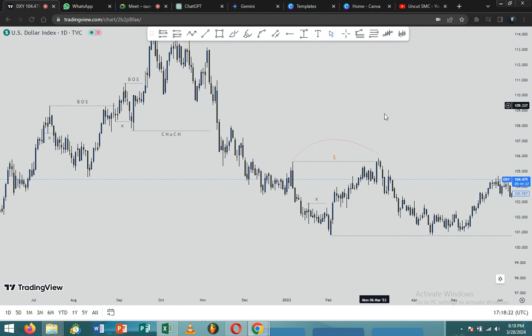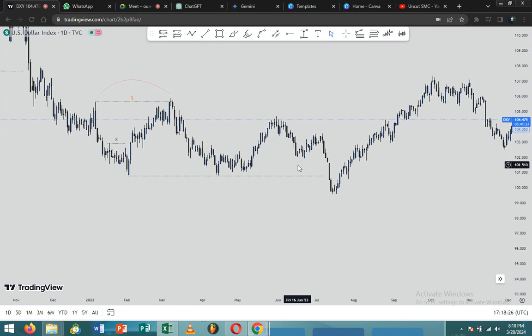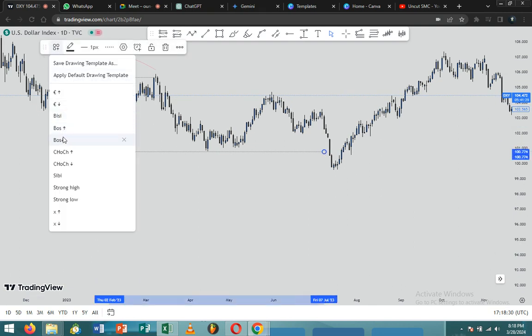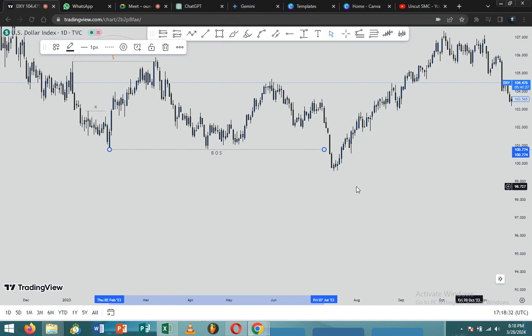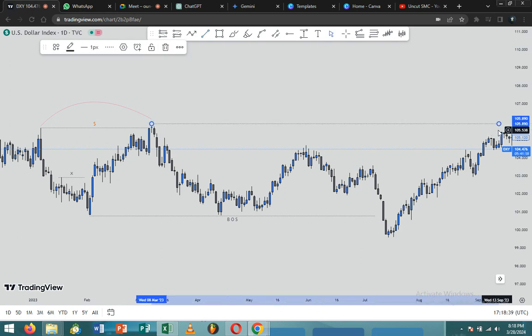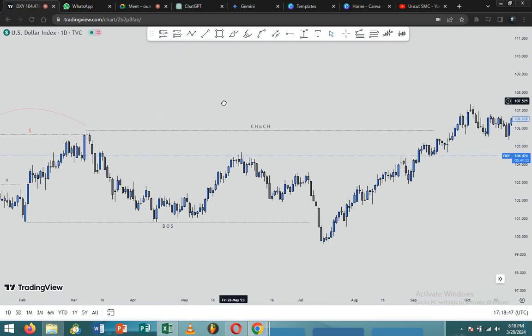So let's continue. I'm going to be kind of fast. With this box here, with this breakout structure, our high is right here. If price gives us a candle closing above that, it's going to be a change of character. Let's check.